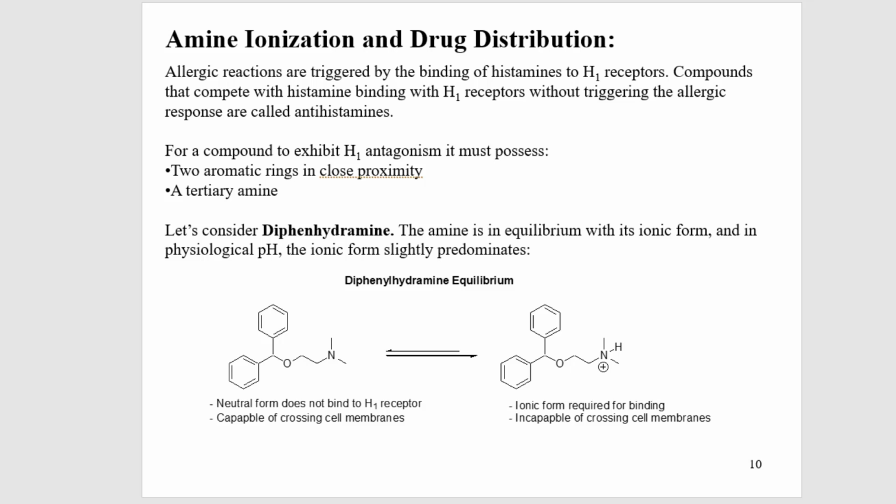So let's consider diphenhydramine. The amine is in equilibrium with its ionic form, and in physiological pH, the ionic form slightly predominates. So you can see that in the equilibrium arrows I drew. Remember, the amines in physiological pH slightly prefer to be protonated. So then they are ionic, okay?